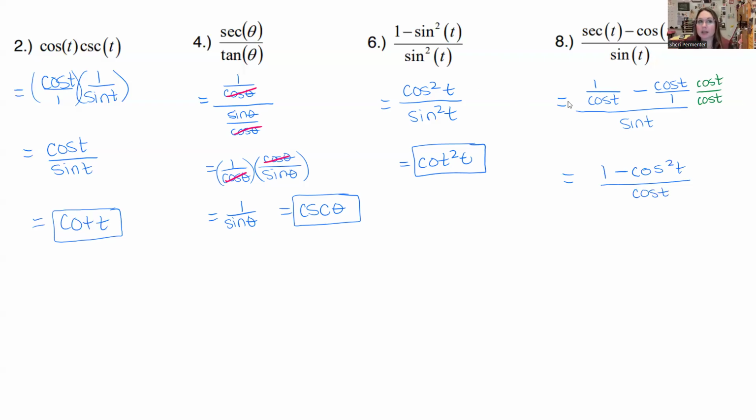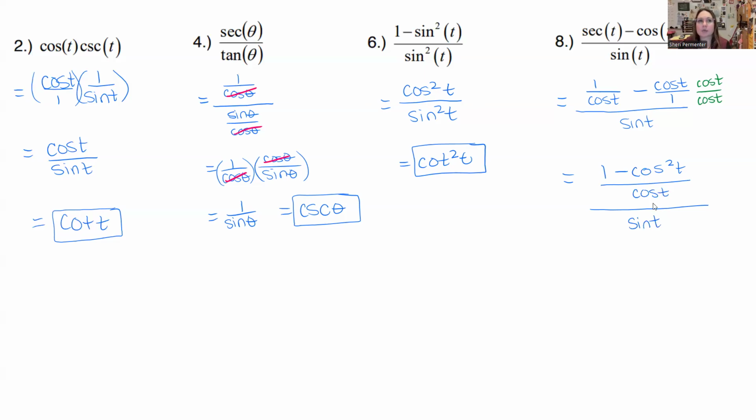Remember, when you have like denominators, they just stay the same. You don't have 2 of them. And then, of course, this is still all over sine. Yep, it's getting a like denominator. So cosine times cosine is cosine squared, and this is cosine in the denominator.